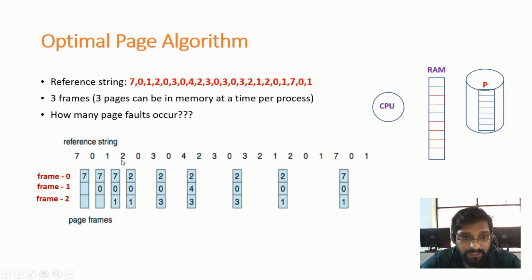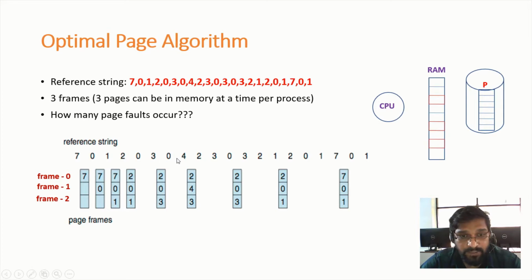The optimal page replacement algorithm says that we need to see the future. So from 2, we need to see the future. In the future, I need page number 0, therefore page number 0 should not be replaced. Next, we need to see in the near future whether we need page number 1 or page number 7.